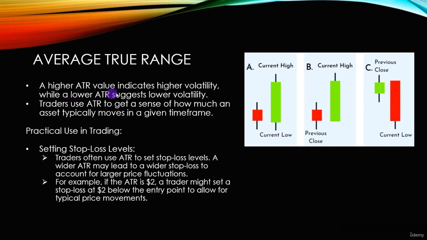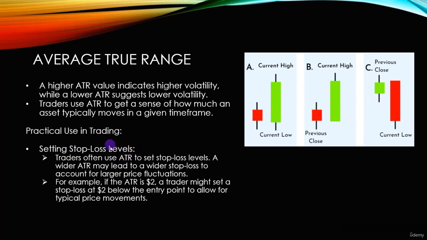So usually a higher ATR value indicates higher volatility on the market, while a lower ATR suggests lower volatility. Traders usually use ATR to get a sense of how much an asset typically moves in a given time frame. And practically, we can use the ATR in a smart way to set the stop loss levels.